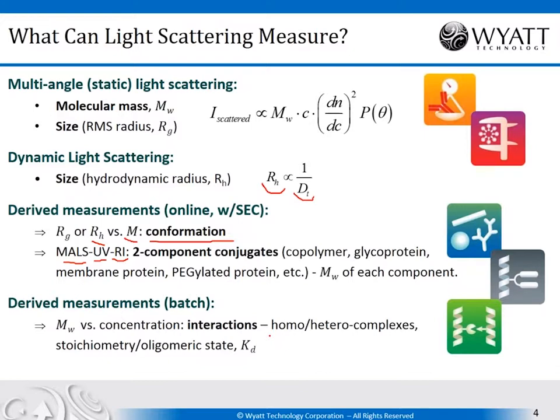Could be homo-association, could be hetero-association. By analyzing the change in molecular weight with concentration, we can determine the stoichiometry of the complexes that form, say, are they dimers or tetramers, and the KDs, the equilibrium dissociation constants. So these are the things that light scattering can measure for biomolecules in solution.